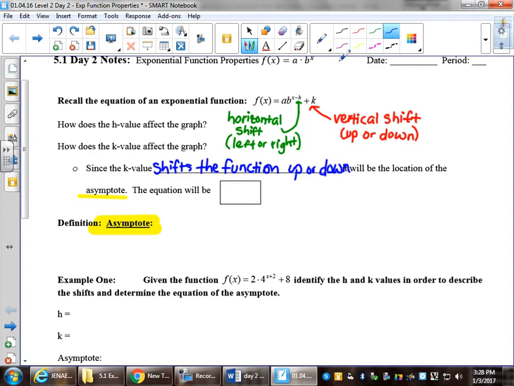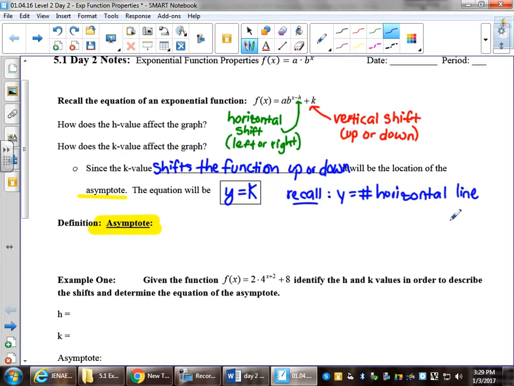The equation will be y equals k. Little side note here. Recall that y equals a number is a horizontal line.